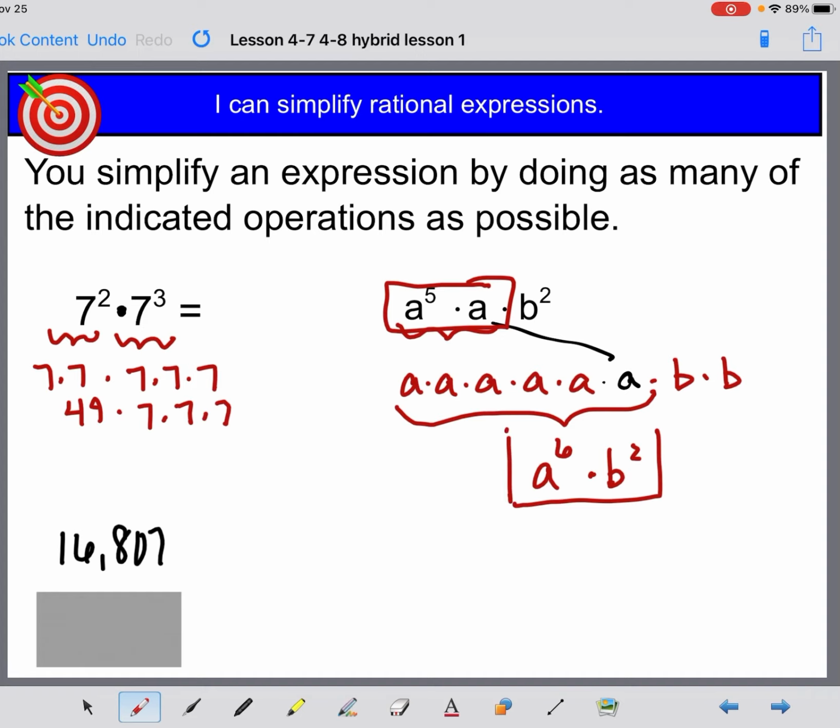This is as simplified as I can get. I have each base written only one time and then the indicated exponent.